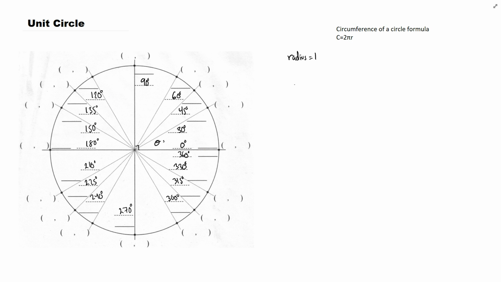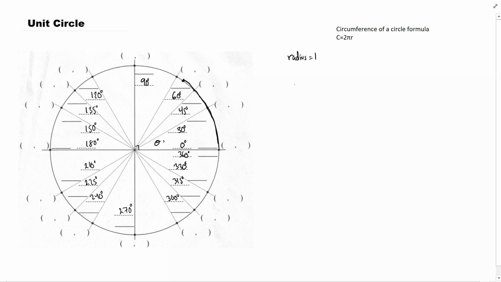In trigonometry, or in the unit circle, we use radians to measure angles. A radian is basically, if I were to measure this length, which is 1, and wrap it around the circle, it would go about to here. And this is the same length as the radius.